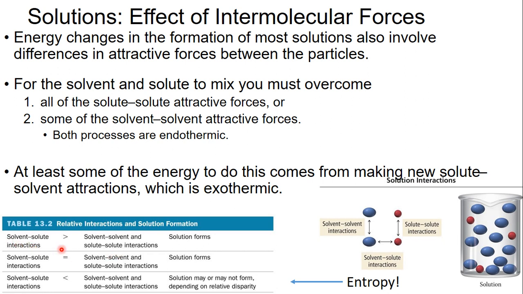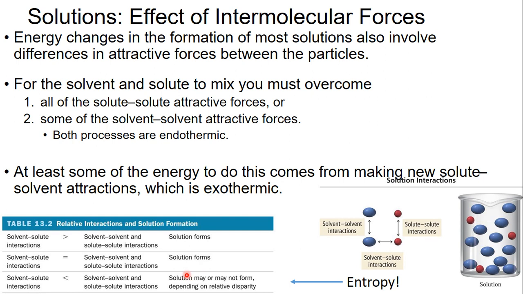If the intermolecular forces between your solvent and solute are greater than the pure components, your solution will always form. If the interactions are equal to each other, then your solution will still form because you're getting energy through the mixing.